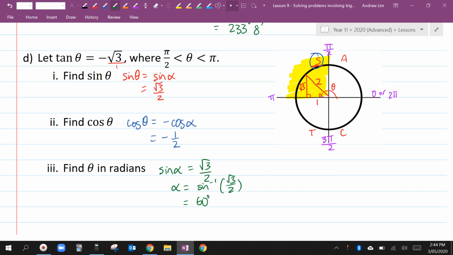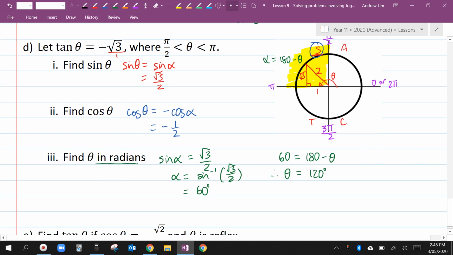However, we want to work out theta, not alpha. And because this one, alpha is equal to 180 minus theta, 60 is equal to 180 minus theta. Theta is therefore equal to 120 degrees. However, the question asks us to work out the answer in radians. So we know that pi radians is equal to 180 degrees.